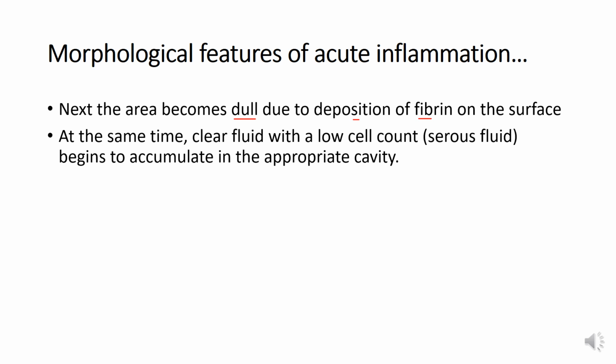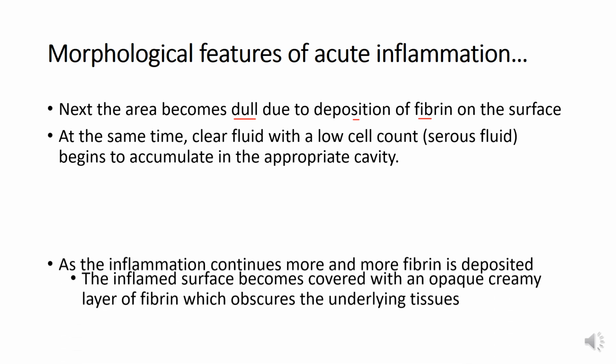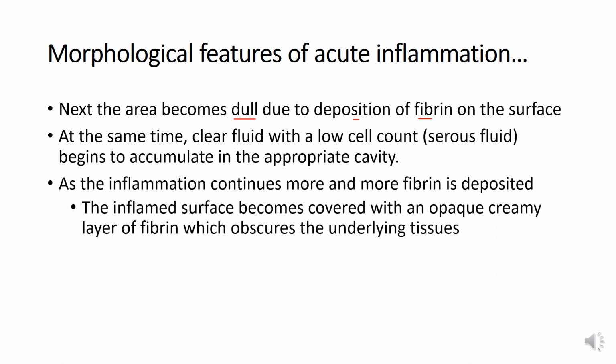At the same time, of course, exudation will begin, but in the beginning there will be a very low cell count, and when the cell count is very low or nil, we call it serous fluid. It begins to accumulate at the site of inflammation, which will usually be the site of injury.